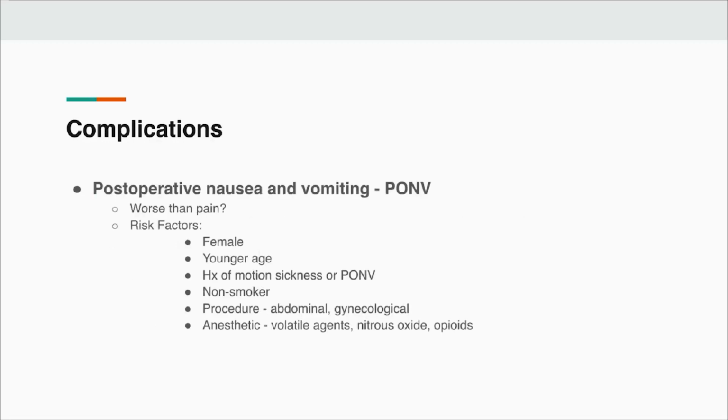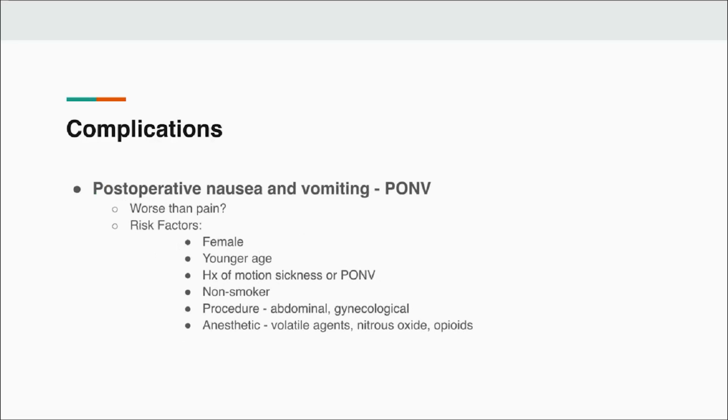Moving on to another complication, post-op nausea and vomiting, or PONV. Actually, patients sometimes say that this could be worse than pain. So they'd rather be in pain than have post-op nausea and vomiting, which is interesting. Some of the risk factors we see for post-op nausea and vomiting: females that are of a younger age, obviously, if they have a history of post-op nausea and vomiting in prior surgeries, or if they have a history of motion sickness like cars or different amusement park rides.